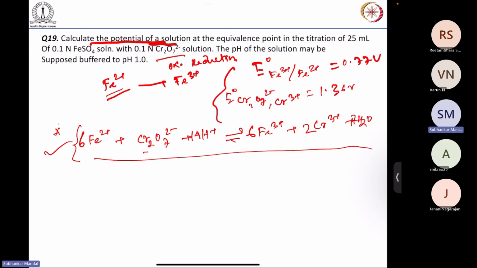I think they will give these in the question, and these two also they will give in the question. Then we can calculate all other things. It is quite easy.